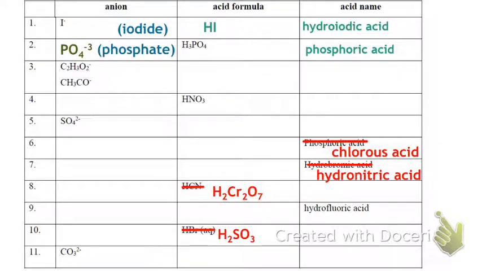Now, let's do another one where we're starting with that anion. So this is acetate, just, FYI. And remember, we're just balancing out the charge of H with this anion. And I know that just says negative there, but that's a -1. And so, just like that iodine, I just need one H to balance out that charge.